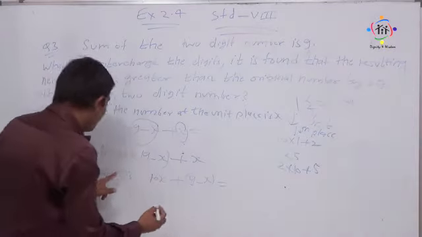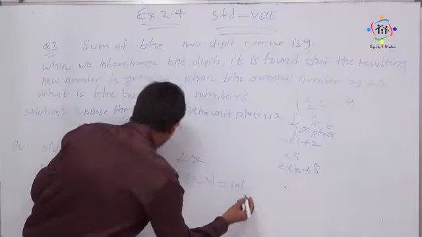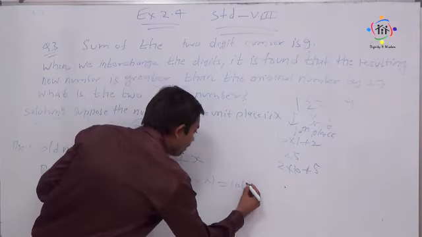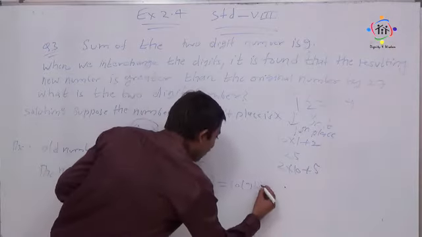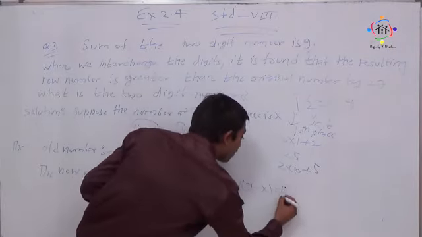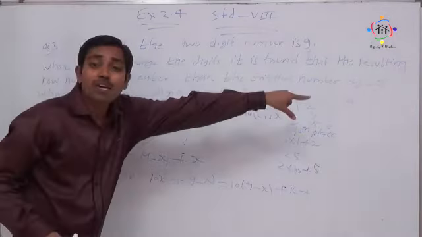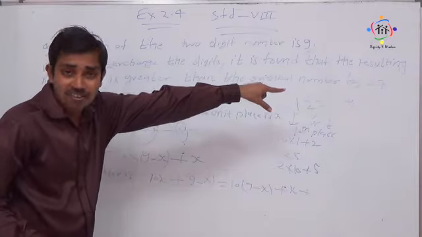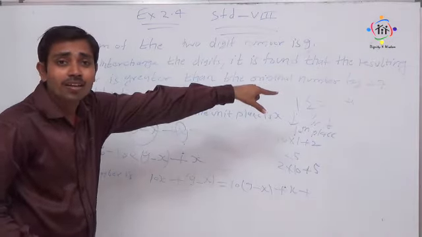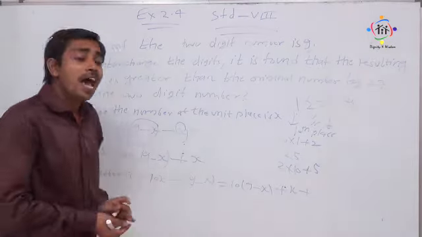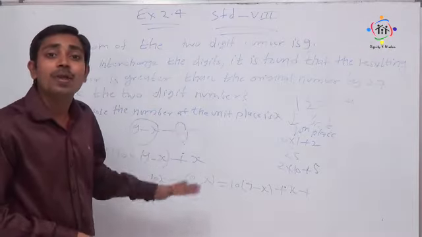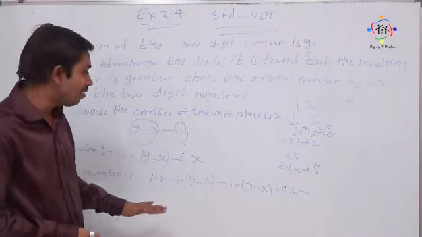Okay. So let me write down 10 into the bracket 9 minus x plus x, plus greater by 27. Is it okay? Is it clear, my dear students? So nothing new I am doing. As per the given sentence, I am implementing it here.